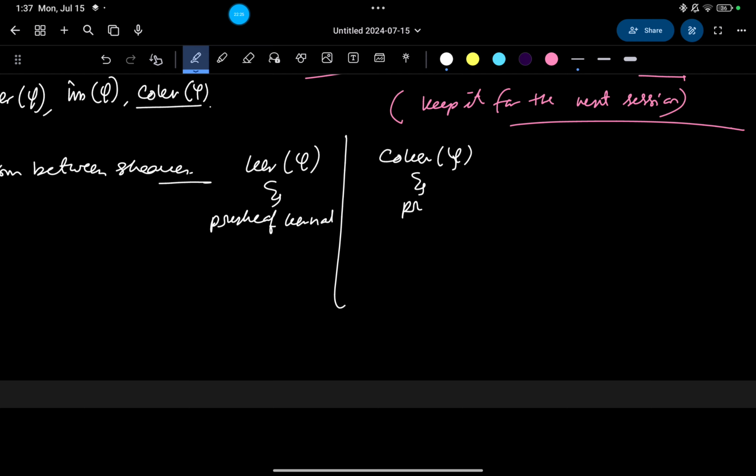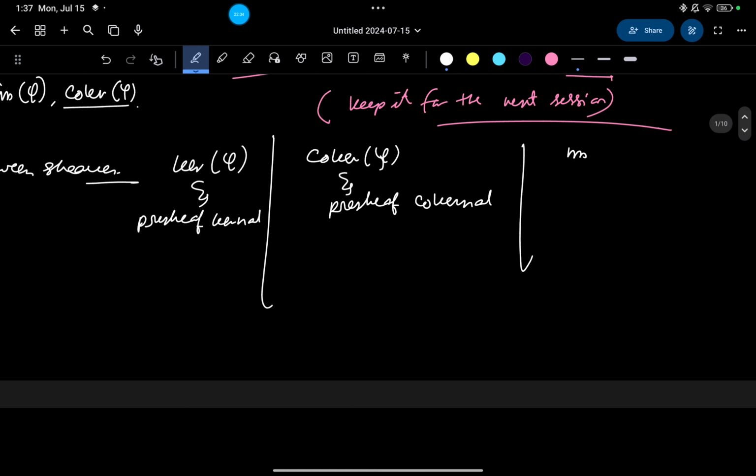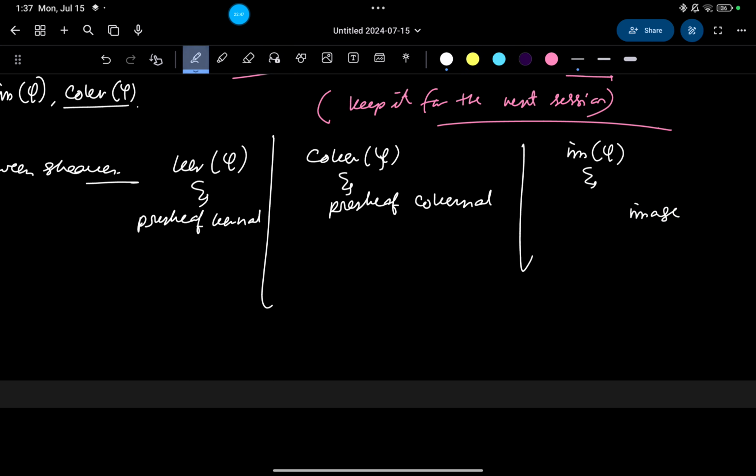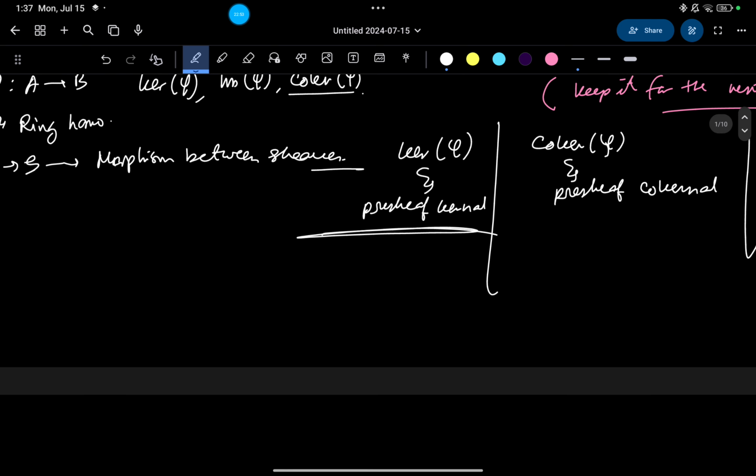This is the presheaf co-kernel, and we can talk about the image of phi. This is said to be the presheaf image.